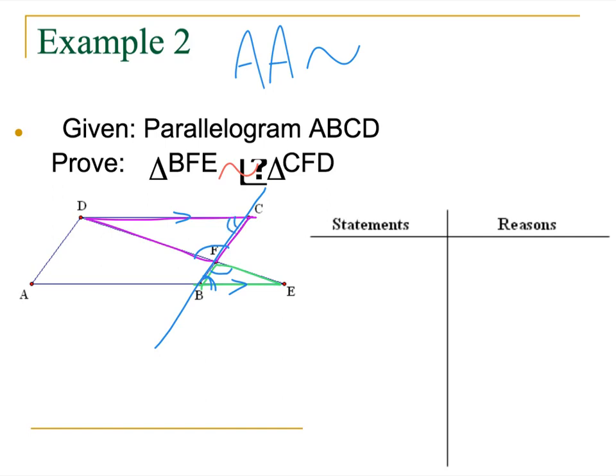And when drawing this as my transversal, I'd have this angle congruent to this angle, for the same reason: alternate interior angles. That's going to save me a whole step. Again, vertical angles congruent would not be wrong, but I'm going to save myself a step. I've got two pairs of angles congruent, so I've got angle-angle similarity. Let's write this up.